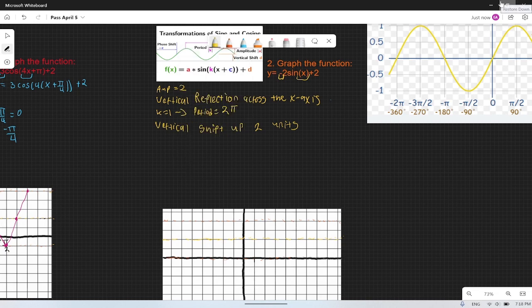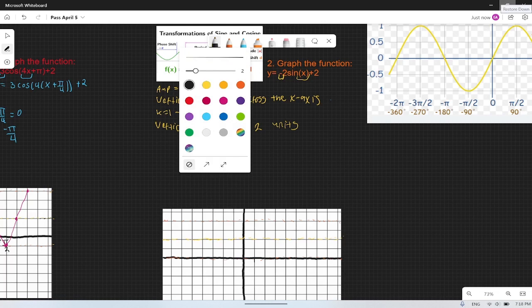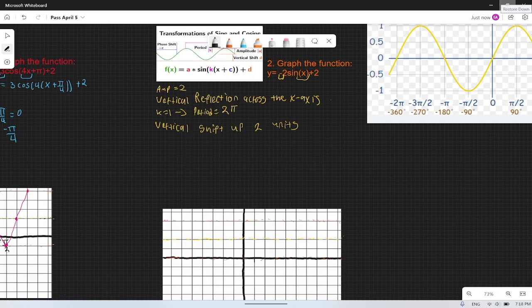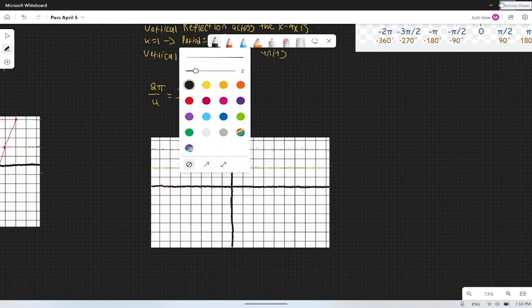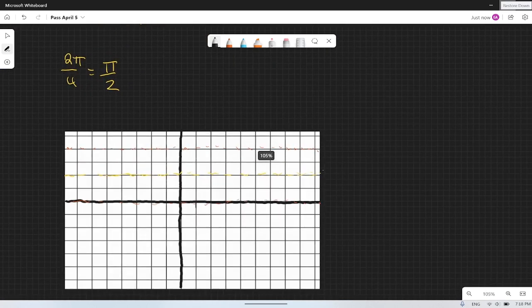And then let's do our scale here. So I always like, if it works out, to get our period, so our 2 pi, and then just divide it by 4 for our increments for our x-axis. So we have pi over 2, pi, 3 pi over 2, and then 2 pi.